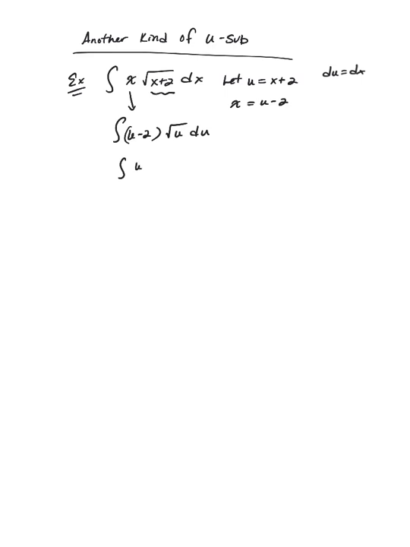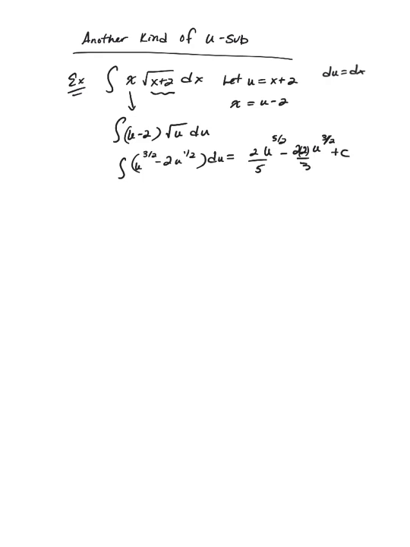So now I get u to the 3/2 minus 2u to the half. I haven't even integrated yet. So I bump it up 1. U to the 5/2 times 2/5, u to the 3/2 times 2/3, plus c, of course.